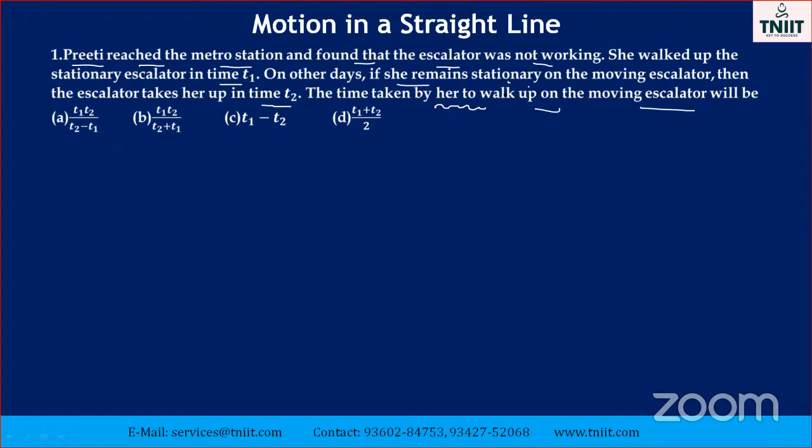To understand this problem in a better way, let me analyze this by putting up a diagram so that you can analyze it easily. Let us say this is the escalator.